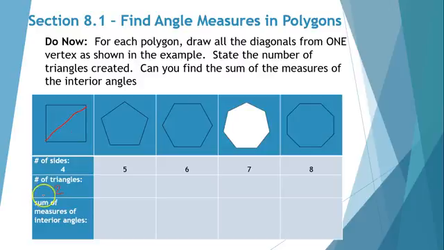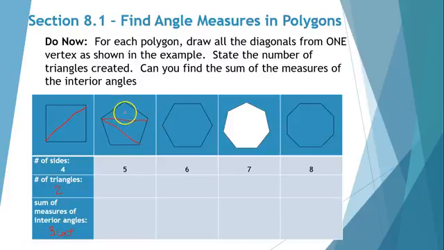And then we figured out the sum of the measures of interior angles for this. Well, we have two triangles, so two shapes that are both 180 degrees. So 2 times 180, we get 360 degrees.